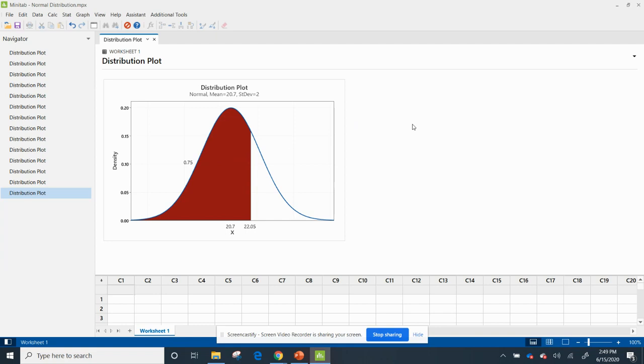All right, so let's break this down. My mean is 20.7. This area in red is 75% of the data. Remember, this whole curve under here, the red and the white, is 1. This is 0.75 or 75% of the data. The value that is the boundary between the white and the red is 22.05.